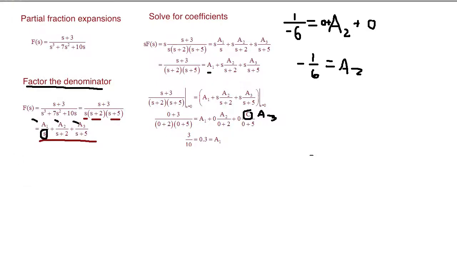So let me write that out here. I get s plus 5 times s plus 3 divided by s times s plus 2 times s plus 5.